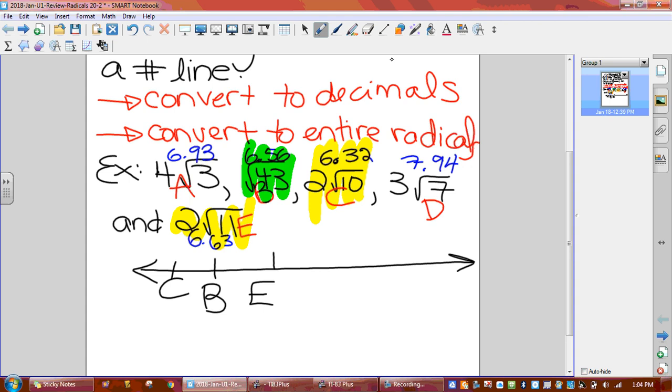A is for root 3. Oh, that's cool, eh? There's A. And who's bigger than A? Last one, D. All right, not 7.94. He's pretty big. He's way bigger than the other guys. Okay, so that's how you would order them on a number line, left to right, smallest to biggest, okay? I'll give you a moment to copy that down.